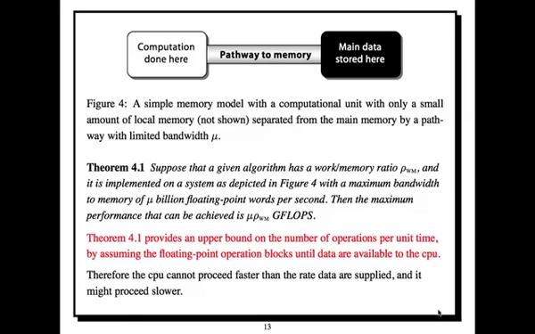This is a very simple model of a computer, but it allows you to prove a theorem which says that whatever your work-to-memory ratio is, the maximum performance you can get is going to be a multiple of that, so you can't exceed whatever the memory provides. It gives you an upper bound on the number of operations per unit time that can actually be performed, and often that's much lower than the CPU would support.